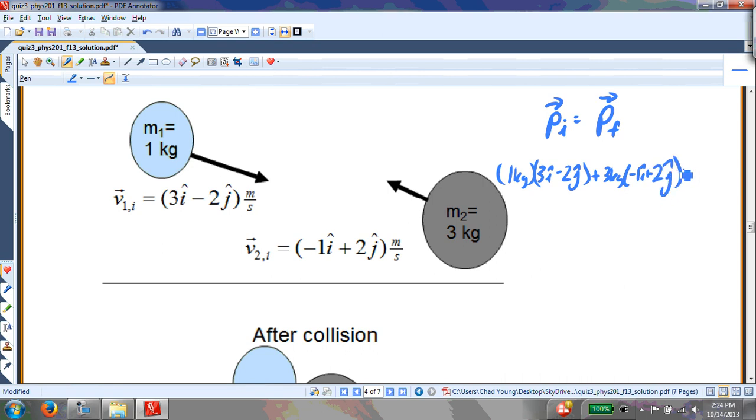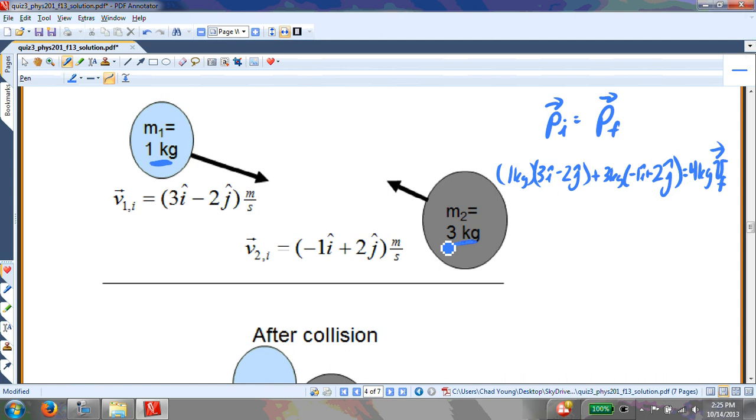And then this is going to equal 4 kilograms times v final. I just want to know it in vector notation. The 4 kilograms just comes about because I'm combining this 1 kilogram and 3 kilogram mass. They're sticking together, so they'll have the same velocity in the end.